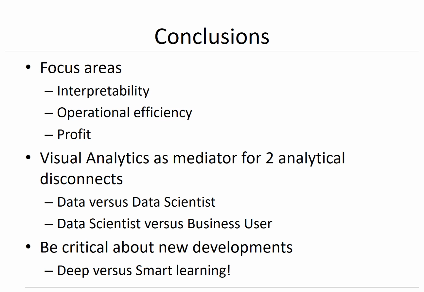You do need deep learning if you're interested in image segmentation, in image search, in text categorization, and so on. For these types of applications, deep learning is very important. In other words, do smart learning instead. Critically, carefully analyze these new developments and decide which one you can use to your advantage, yes or no.